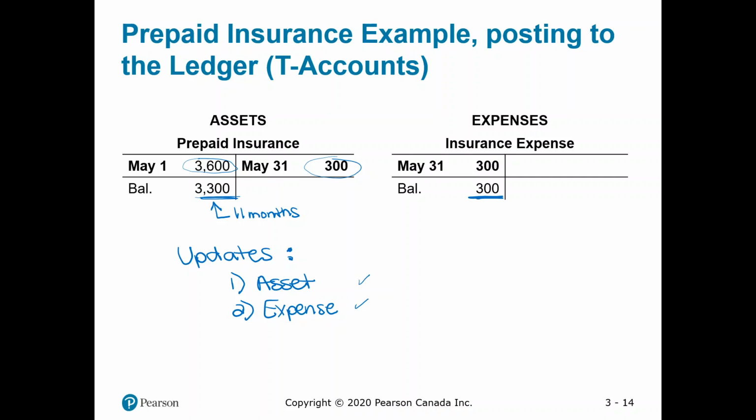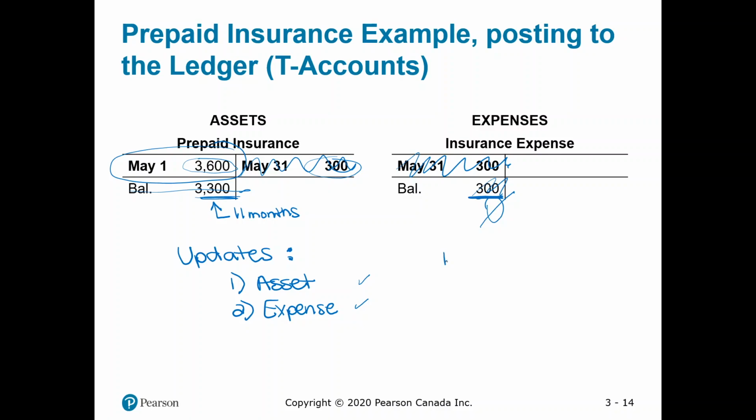So what would the impact be on the financial statements if we missed recording this journal entry? So we don't record the adjustment. Therefore, we would just be left with $3,600 and we'd be missing this entry. So we would actually have 0 in expenses.